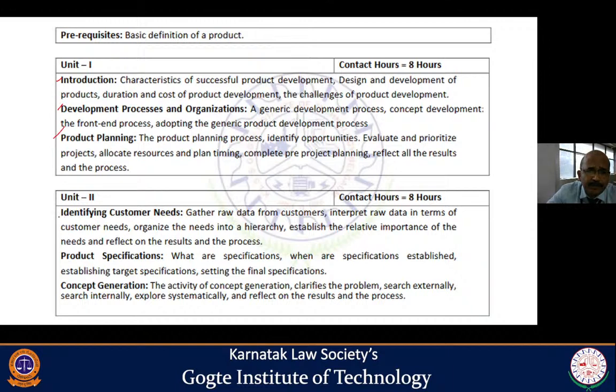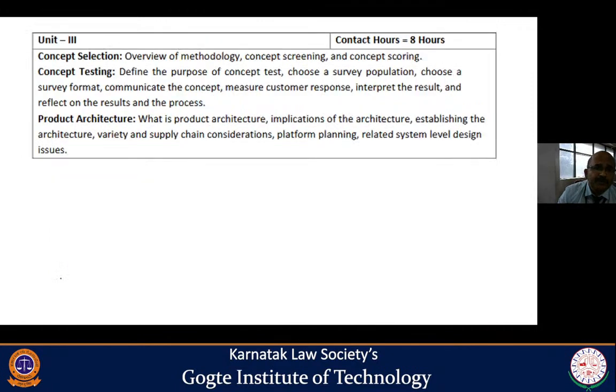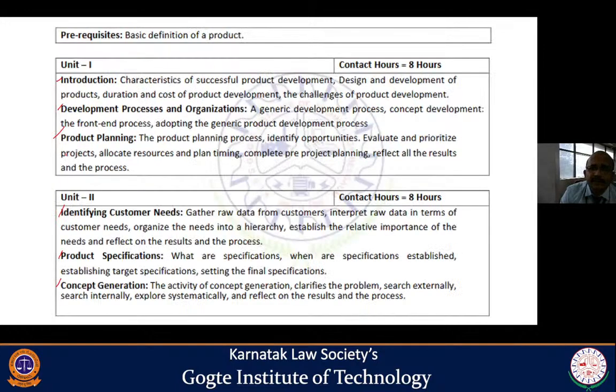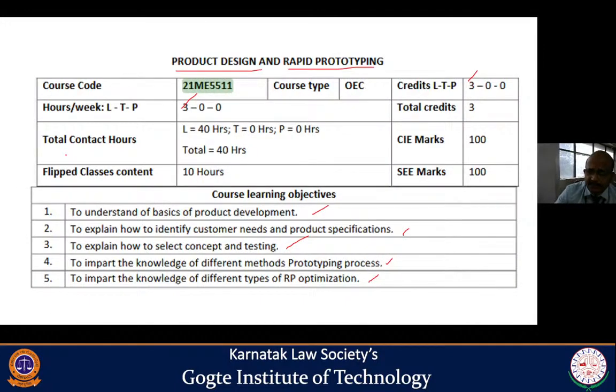Unit 2 covers identifying the customer needs and finding out the product specifications, and concept generation for a product. In unit 3 you have concept selection for the product, concept testing, and finally after all that we arrive at a product architecture. All these 3 units, which are of 8 hours each, are with respect to the product design.